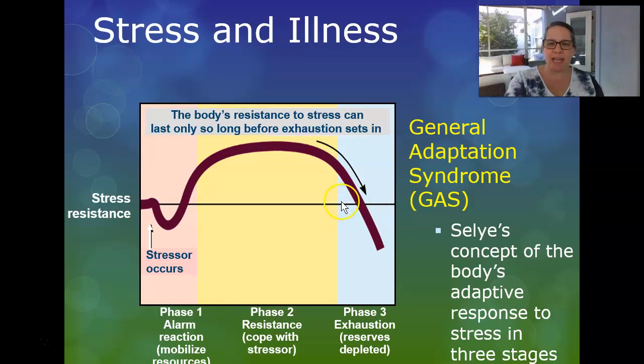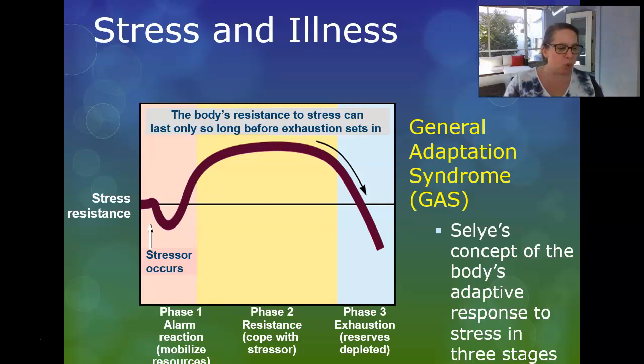And then the last stage is stage 3, our exhaustion stage. This is where your body says, I can't do it anymore. Having the sympathetic nervous system activated and all of your energy and reserves diverted to these particular parts of your body is exhausting.